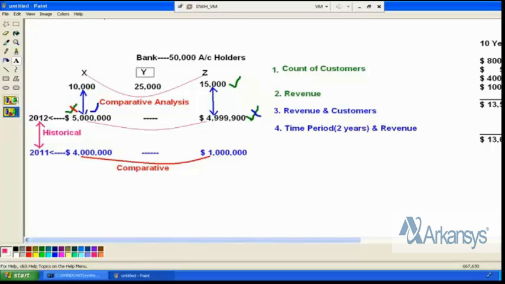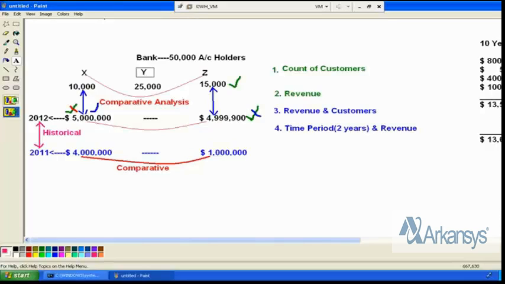Yeah, if we look at the X region, in 2011 we made 4 million and in 2012 5 million. So overall it's 9 million up to 2012, whereas in G location we made only 6 million.